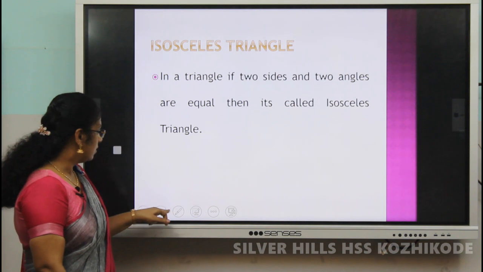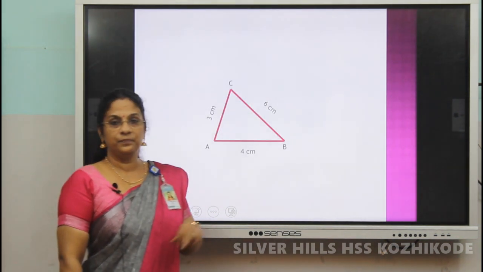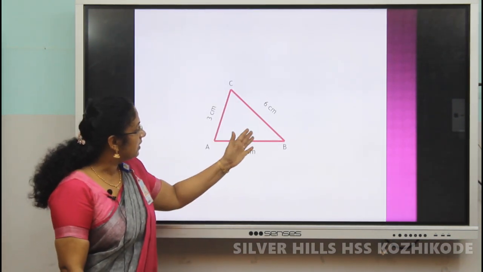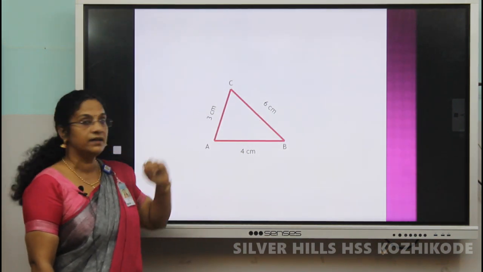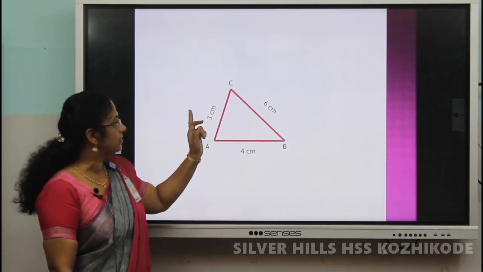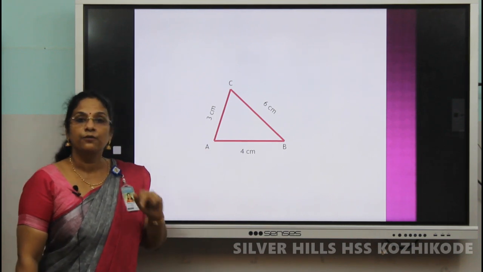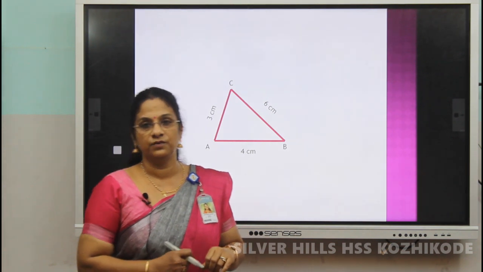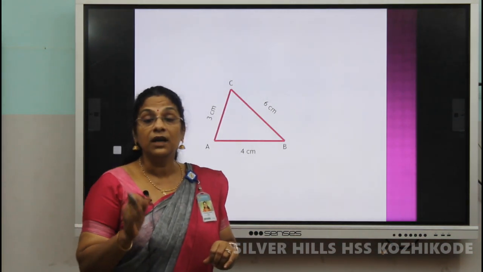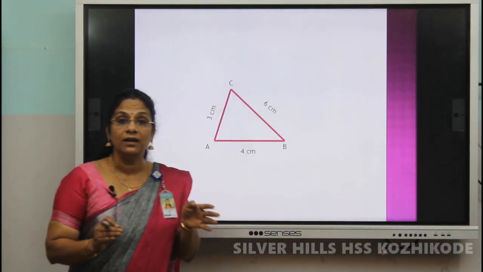Then we can move to the next one. The same figure is there, but here in this triangle all the sides are different. It means 6 centimeter, 3 centimeter and 4 centimeter. What is the name of this triangle? The third type of triangle based on sides.